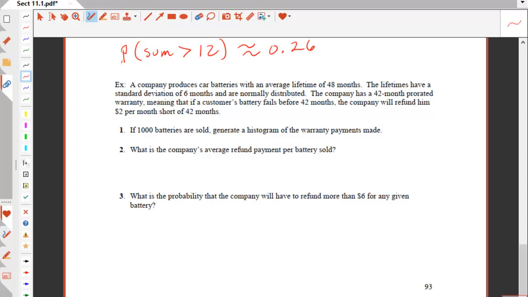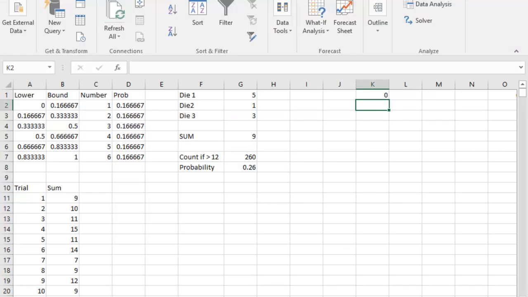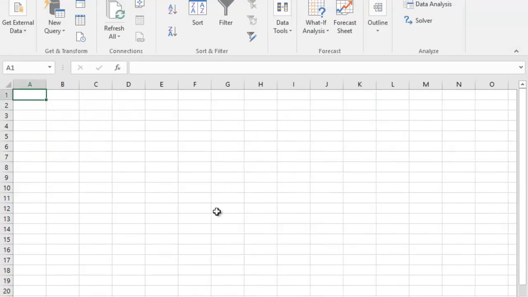Maybe this is my manufacturing and sales profit margin or something. So if I have to pay back more than $6 very often, the company may say, hey, this is not worth it. I need to do something different. So let's build this on a spreadsheet.